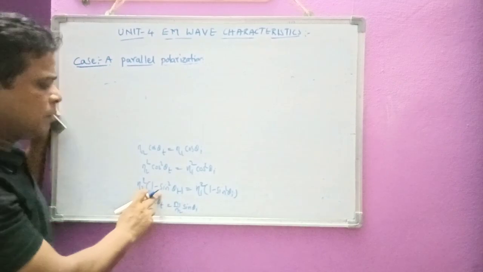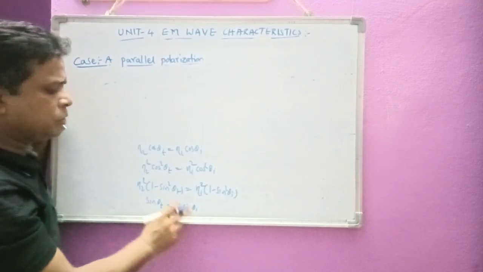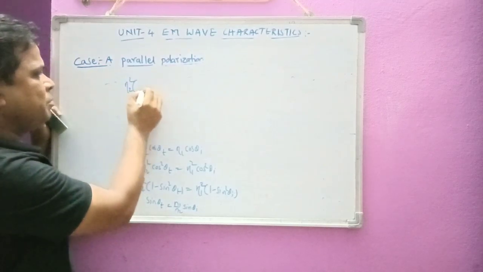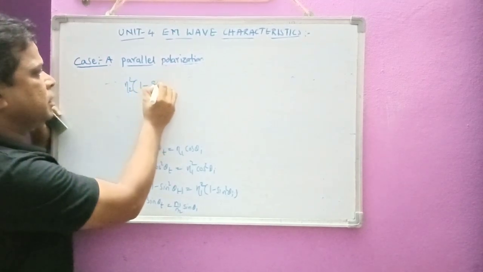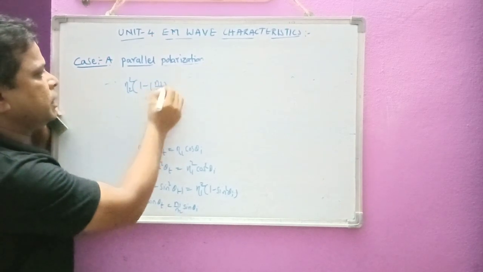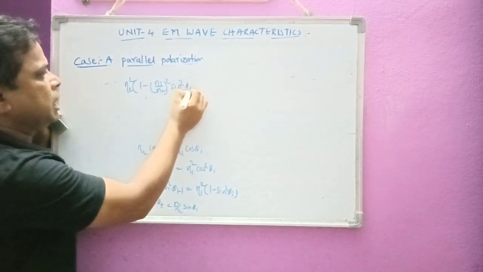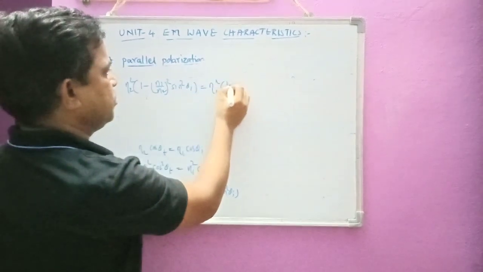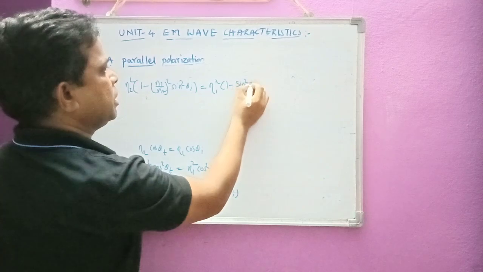That's why I am going to change this sin theta t into sin theta i. So I can write here eta 2 square into 1 minus (n1 by n2) whole square into sin square theta i, that is equal to eta 1 square into 1 minus sin square theta i.